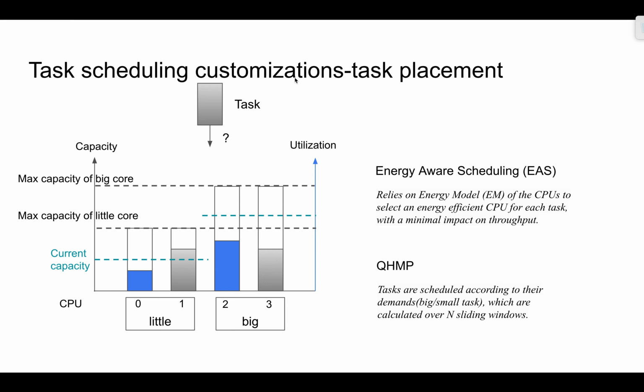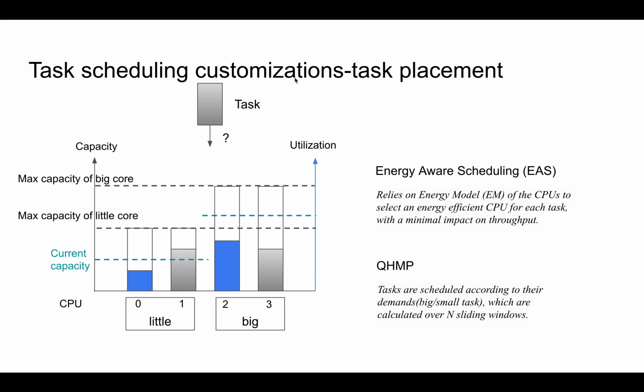If core 1 is selected, frequency must be moved up for both CPU 0 and CPU 1, as the current capacity cannot meet the demand and the CPU frequency is changed by cluster. If core 3 is selected, there is no need for a frequency change, but the power may be higher, because according to the energy model, the power performance efficiency of the big cluster at this point is higher.